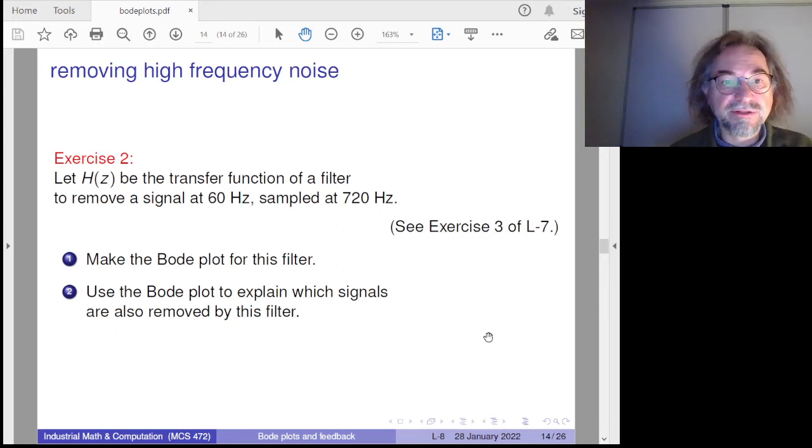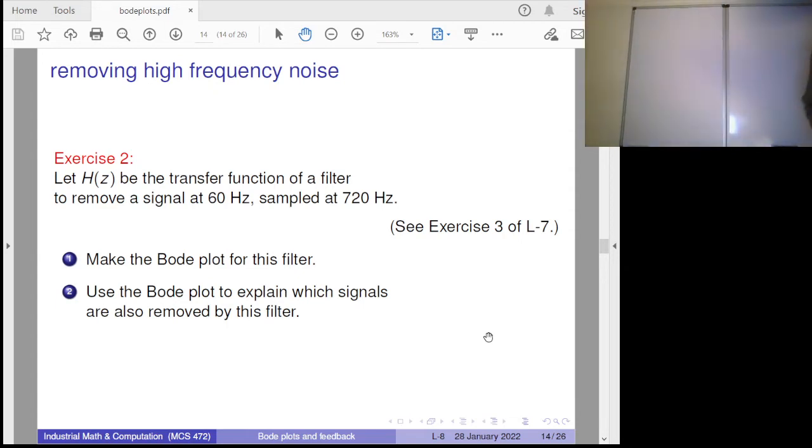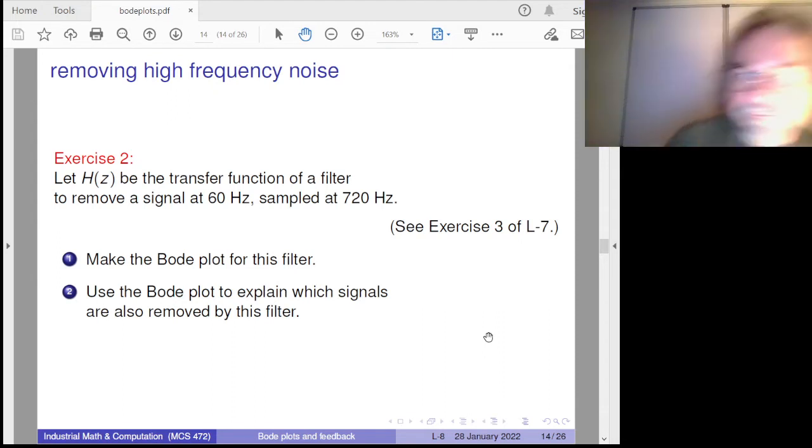In the previous exercise on the board in class, I solved this exercise, and I can say now to you as the listener who is deprived of this board, that the board is here behind me. I could actually write it down. So the transfer function is 1 plus z to the minus 6.